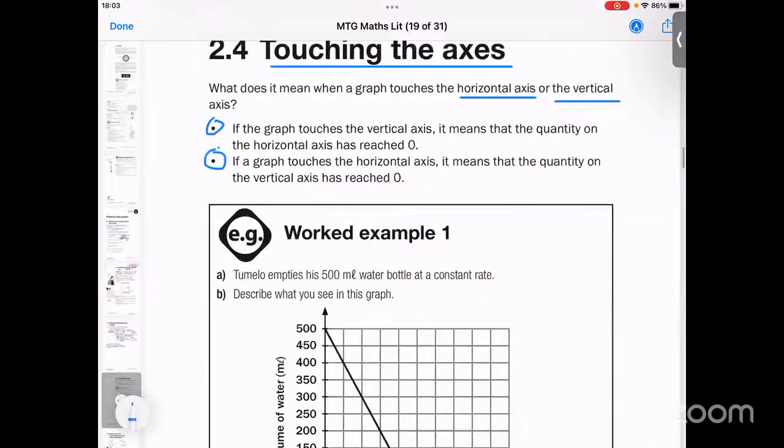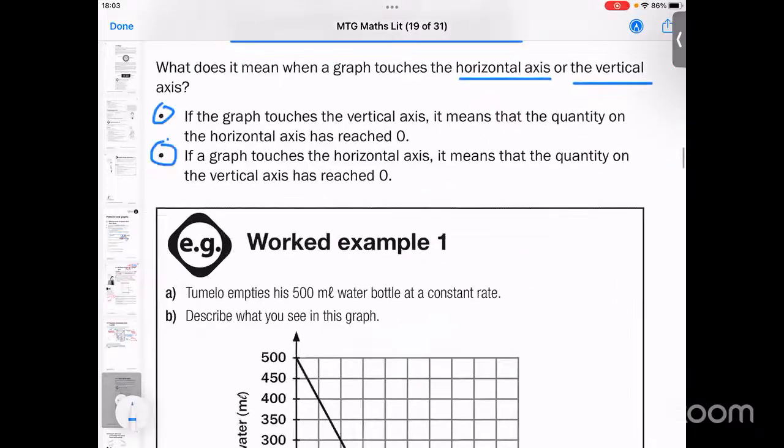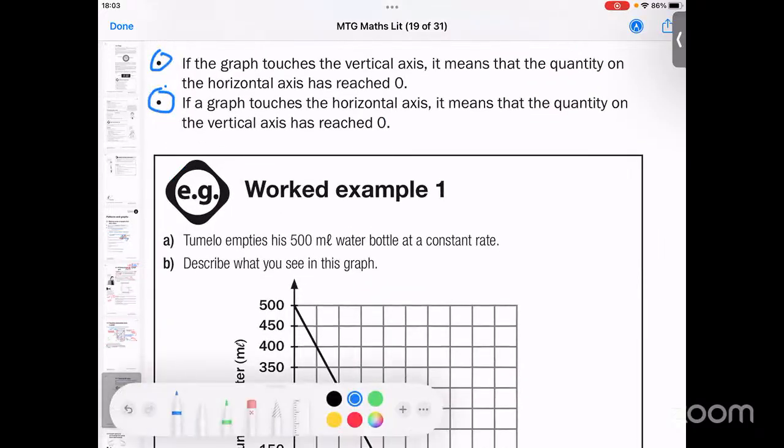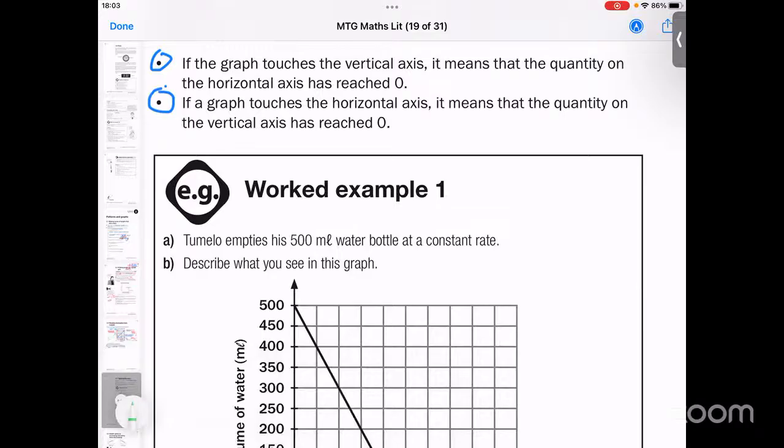Let me just try to draw that diagrammatically. Yes, I just wanted it to form part of the lesson diagram. So if the graph touches the vertical axis, remember, we draw graphs on a Cartesian plane having the y-axis and the x-axis.